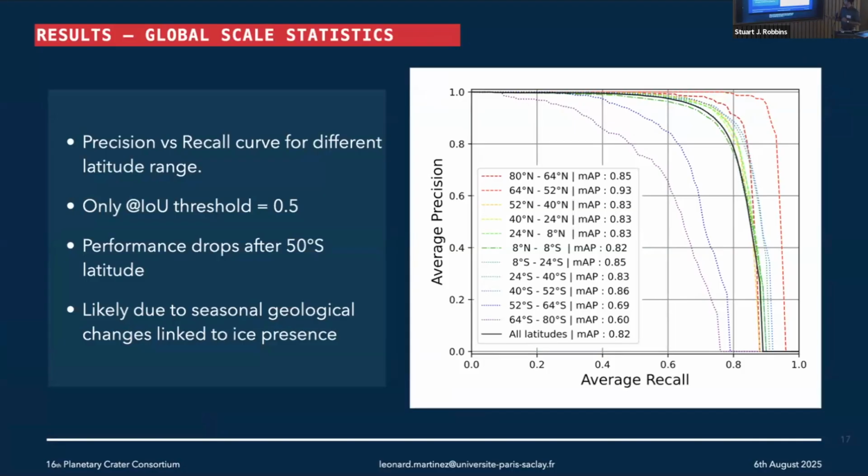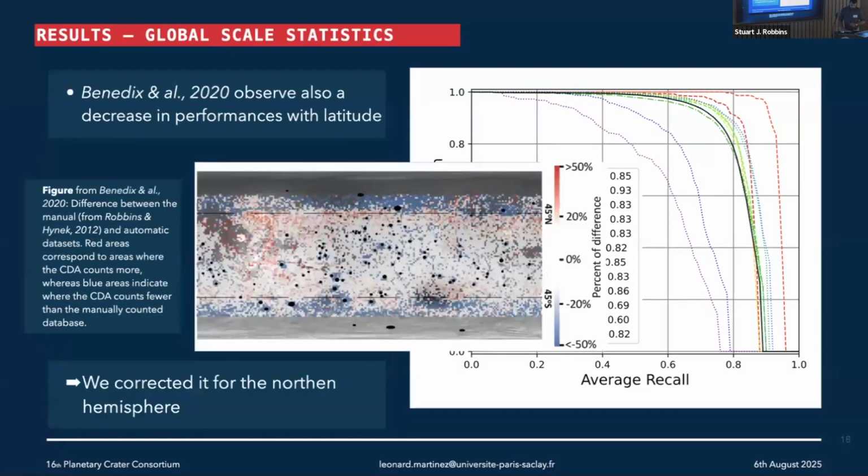We tried to understand why, and it's likely due to the presence of ice caps in the south areas that sometimes create circular-shaped geomorphologies that can be interpreted as craters, but they are not, so they are counted as false positives, and it's not what we want. I would say that in the literature, Benedix and collaborators had the same problem, but at a bigger scale.